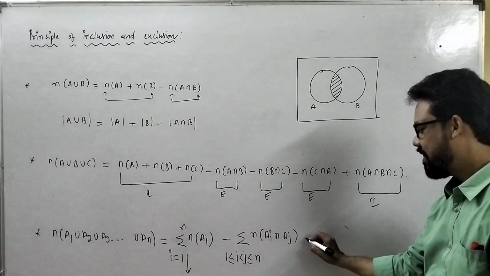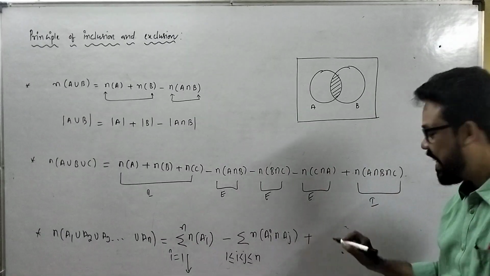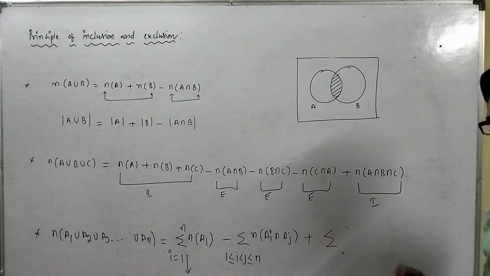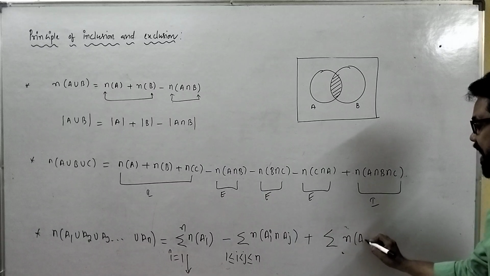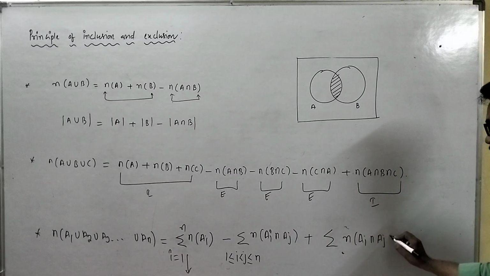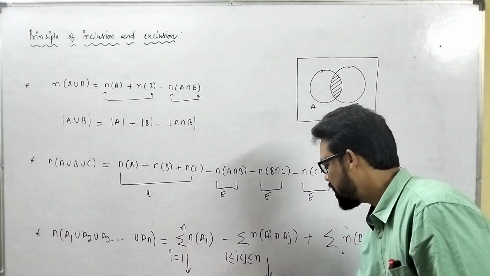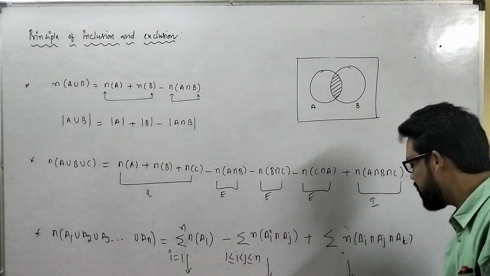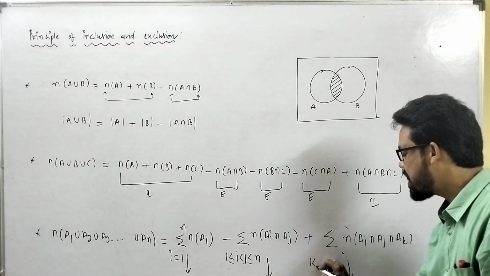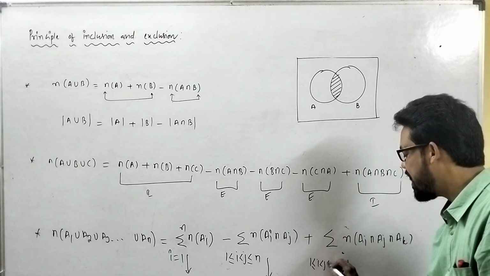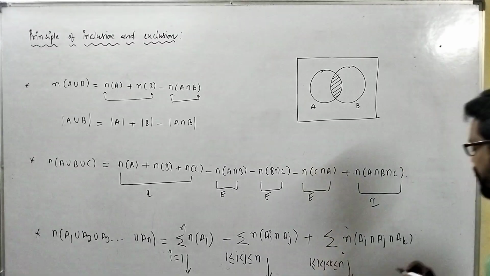And again, plus. Now selecting 3. Sigma n of Ai intersection Aj intersection Ak. It is nothing but nC3, similarly 1 less than or equal to i less than j less than k less than or equal to n.